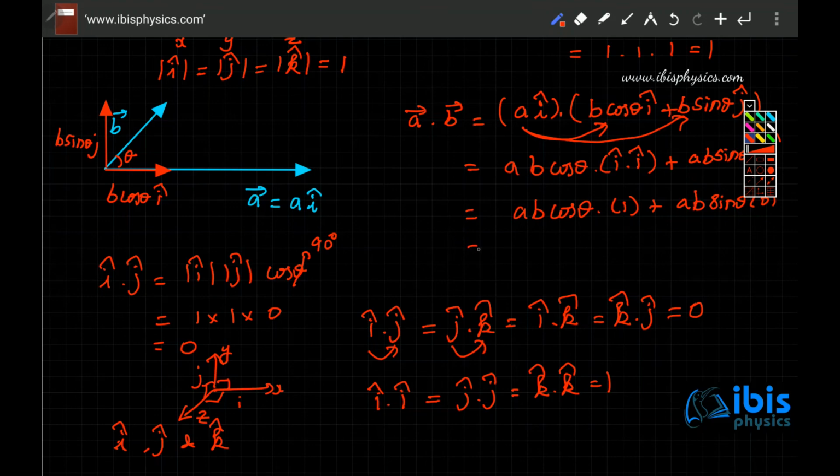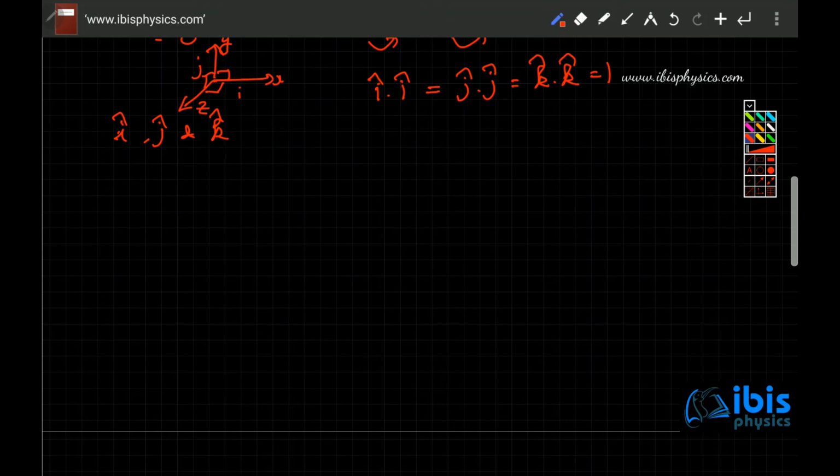So now here, as we did, A dot B is AB cos theta plus 0. Any vector can also be represented in the form of coordinates.